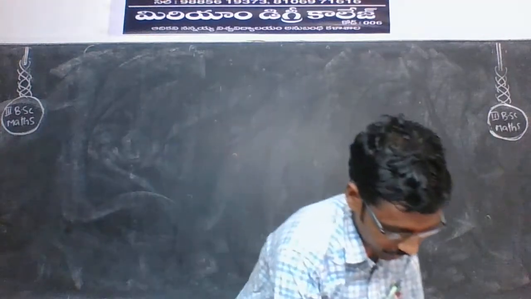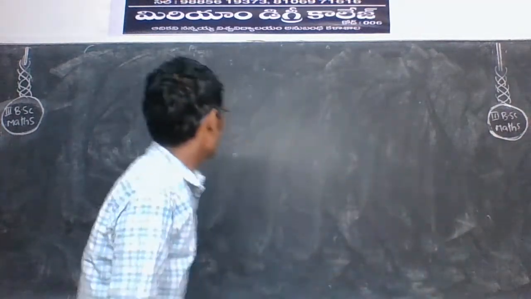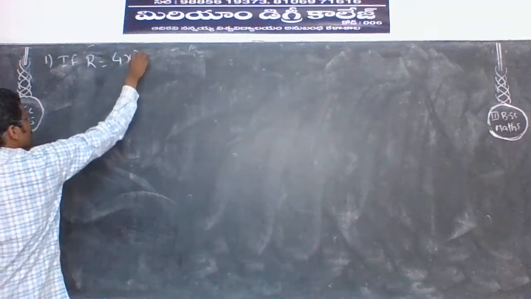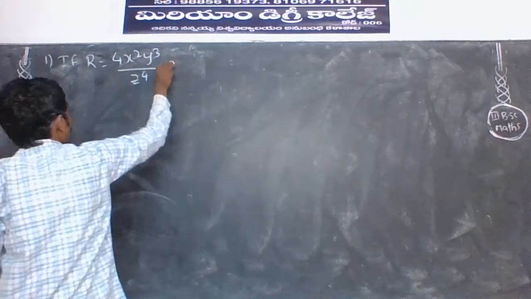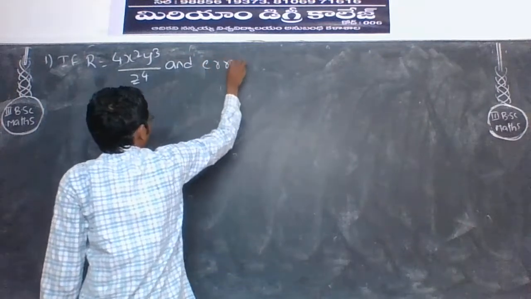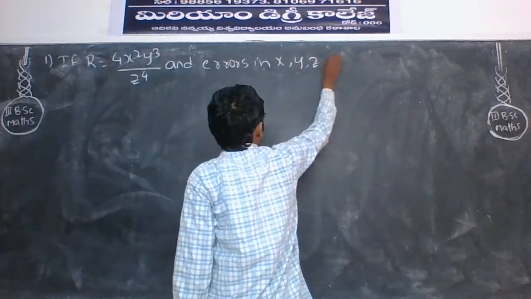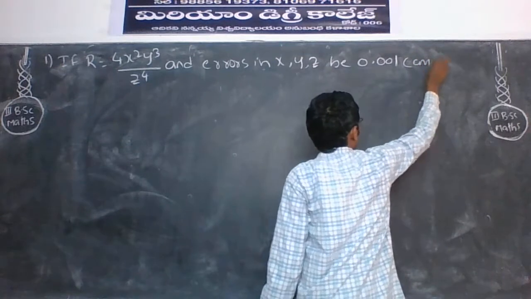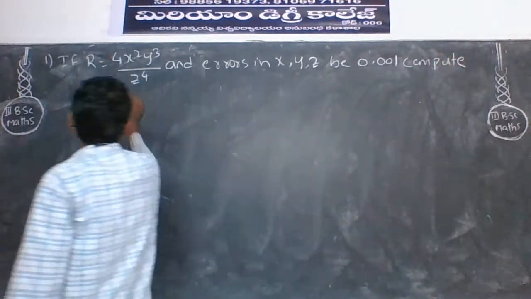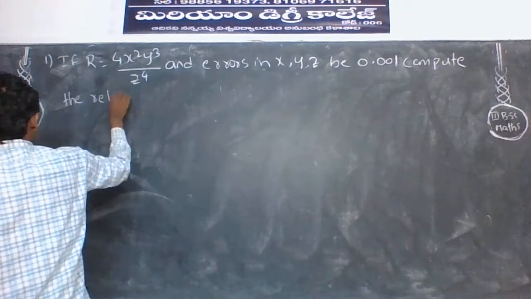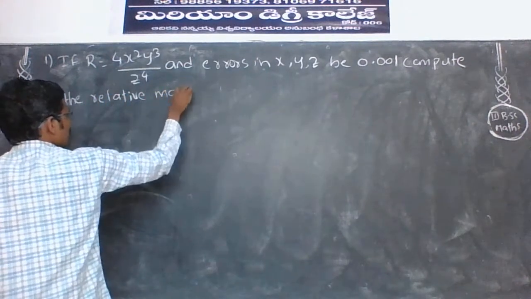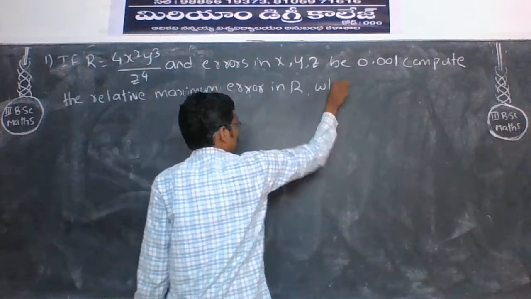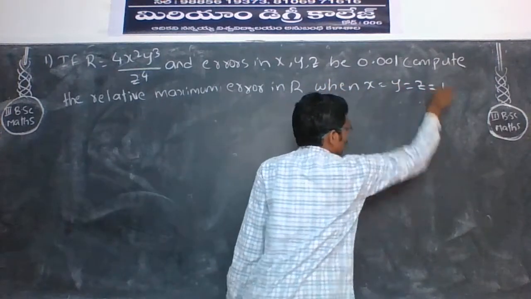If R is equal to 4x square y cube by z power 4, and errors in x, y, z be 0.001, compute the relative maximum error in R when x is equal to y is equal to z is equal to 1.